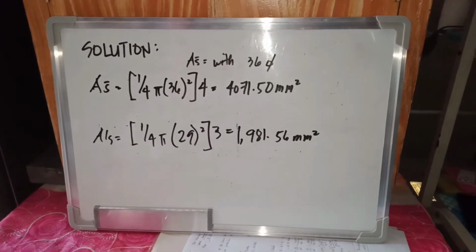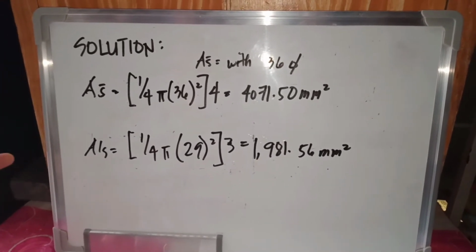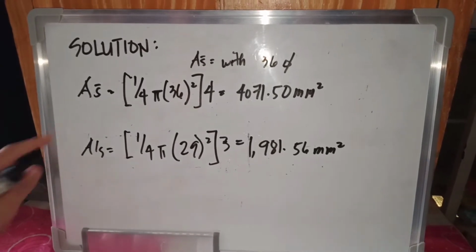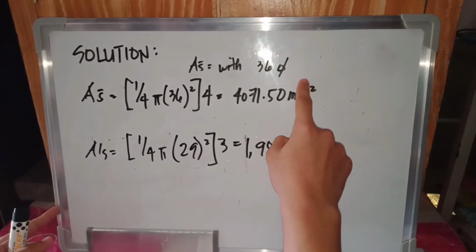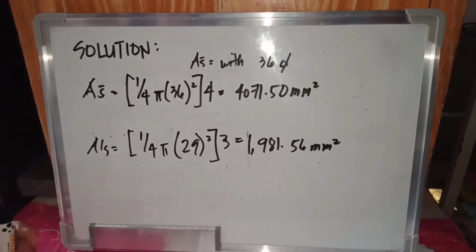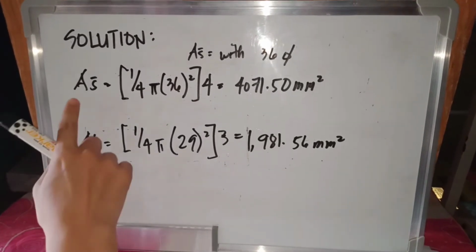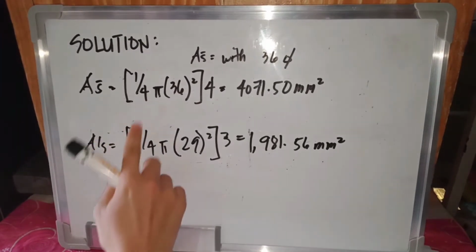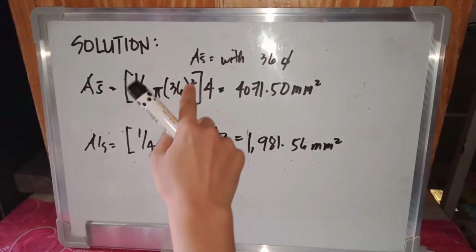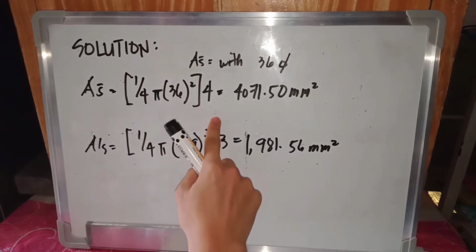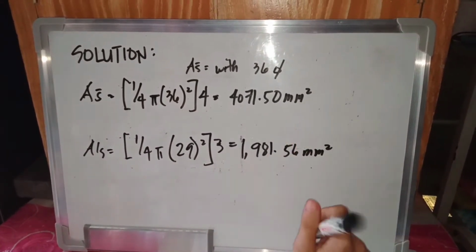For the first step, let's determine the area of the steel, which we can see in our figure. First is the 36 diameter bars, which has 4 bars. So AS is equal to 1/4 pi times 36 squared times 4, and we get 4071.50 mm squared.